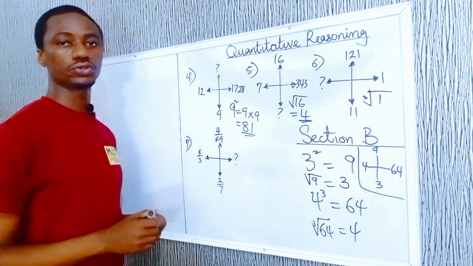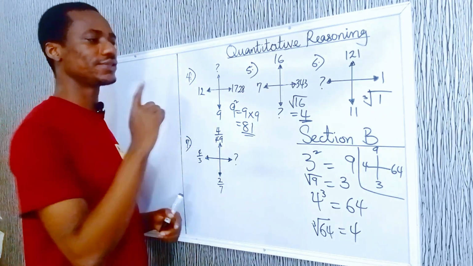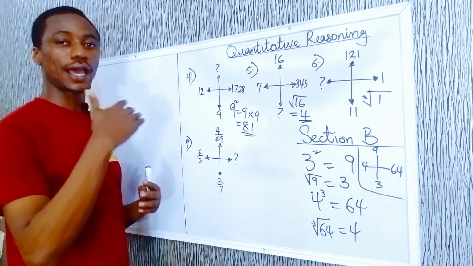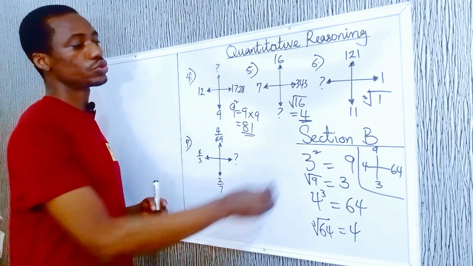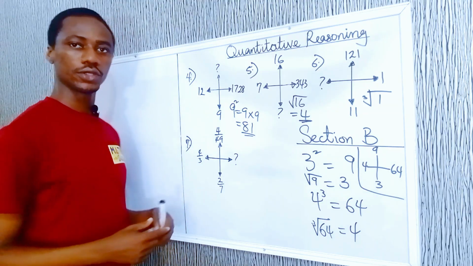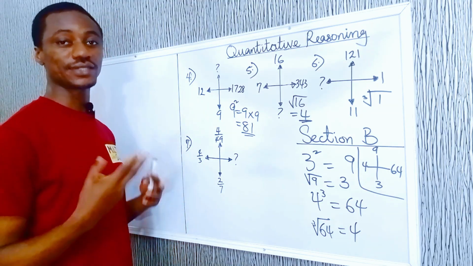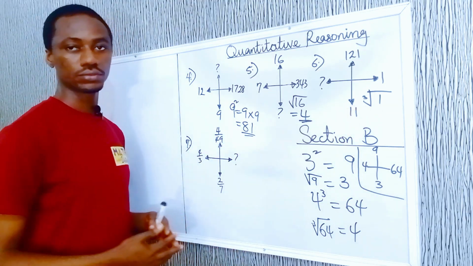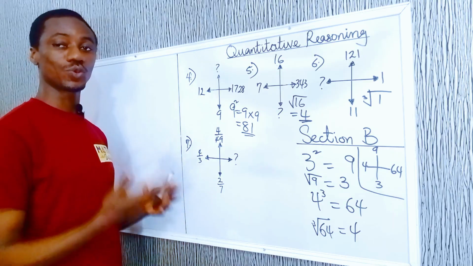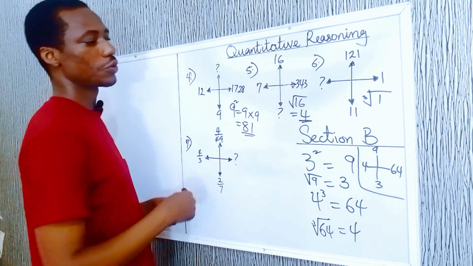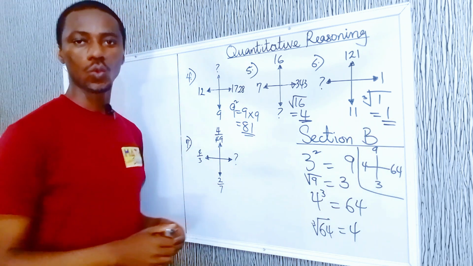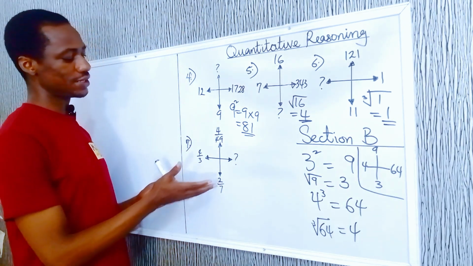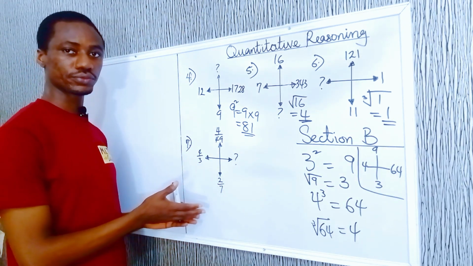We are looking for the number that, when we multiply it by itself in 3 places, gives us 1. That's 1 times 1 times 1, which is 1. So the cube root of 1 is 1.